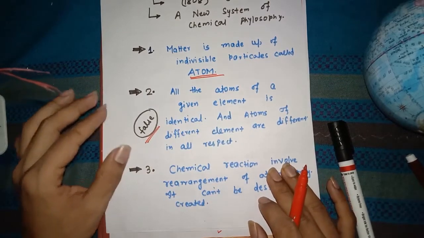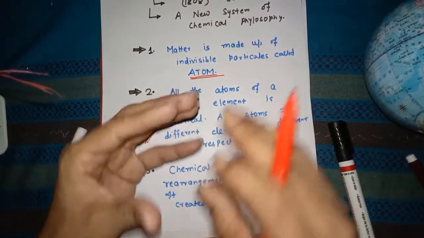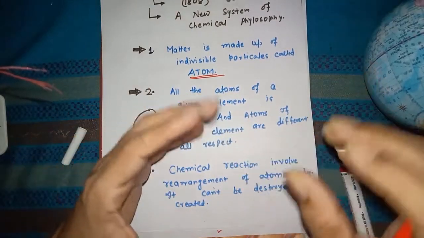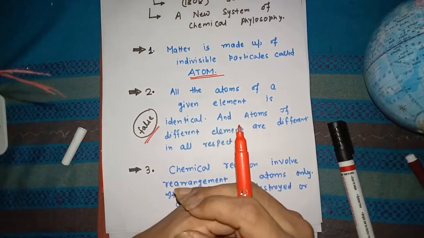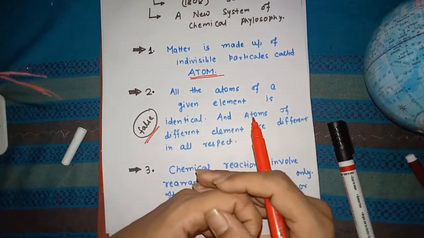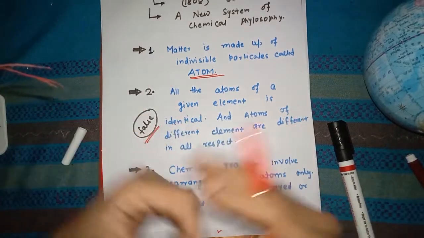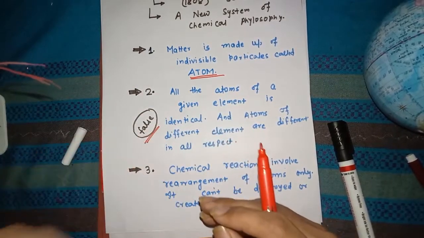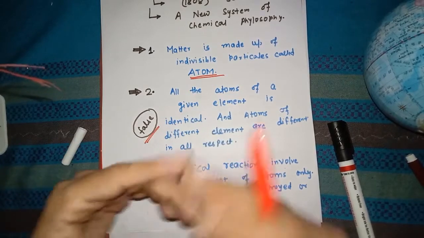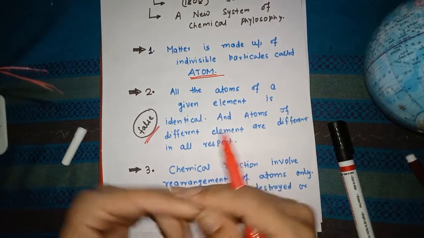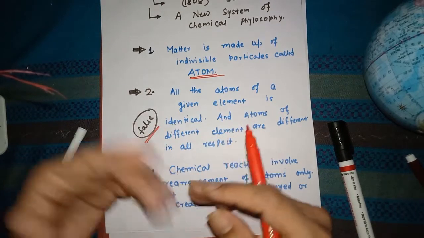because sometimes the properties of atoms of different elements may be the same in some respects. For example, isobars, isotones or isotopes. Calcium and argon have the same mass number, which is called isobars, and isotopes have the same atomic number but different mass numbers.